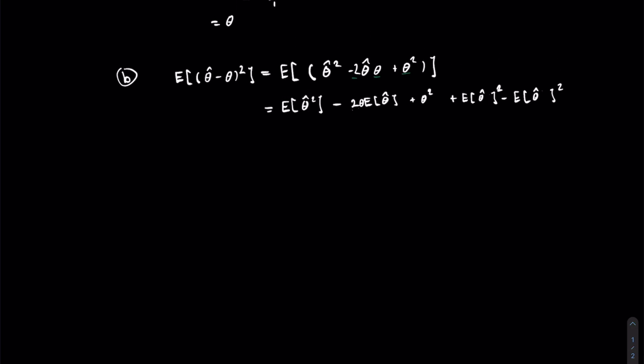Well, if we add and subtract this term here, we'll see that this and that will equal the variance. And that's useful then, because we can now express this in terms of the variance of the estimator. Okay, so this thing here and that here is the variance.